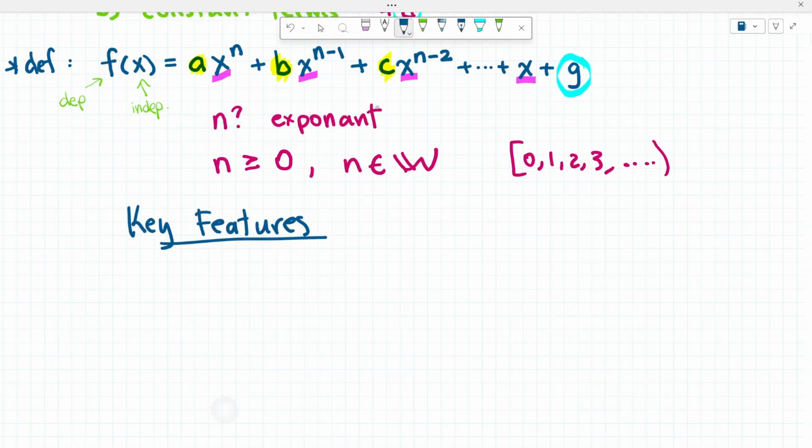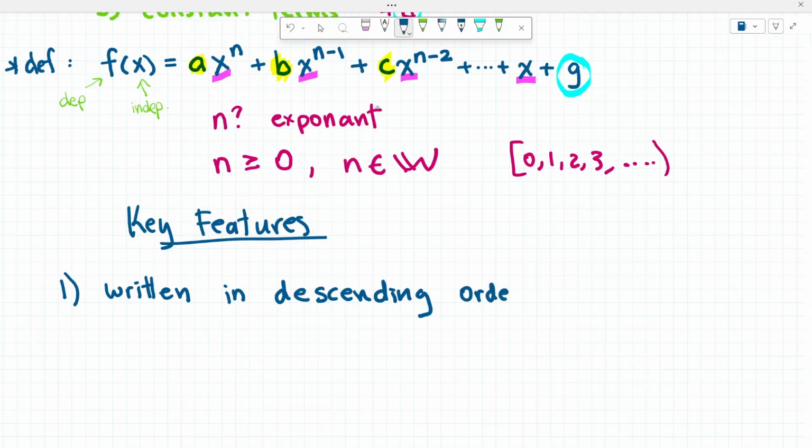First of all, how do we decide which order to write it in? It's important that it is written in descending order. When you write something in descending order, that means you go from the largest order to the smallest. So it's written in descending order of x.